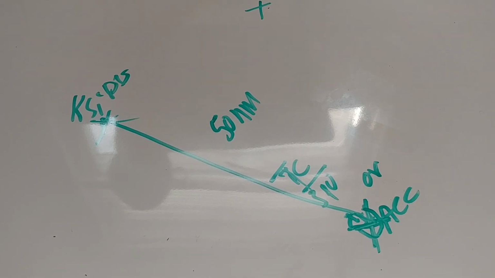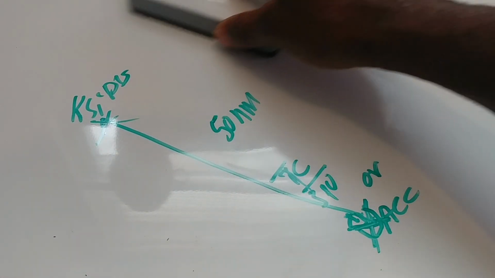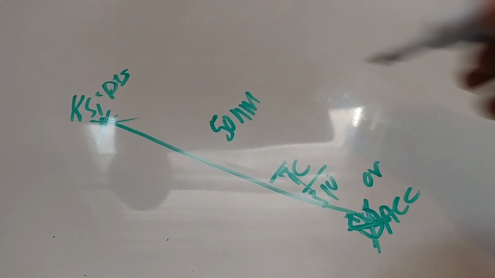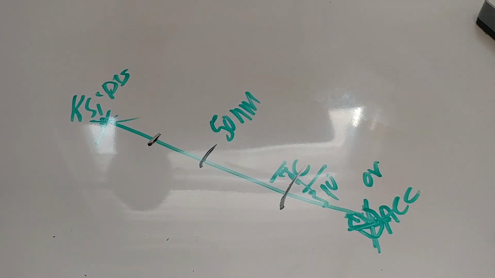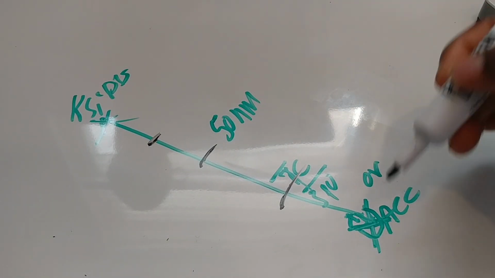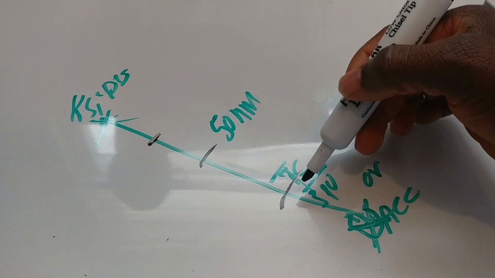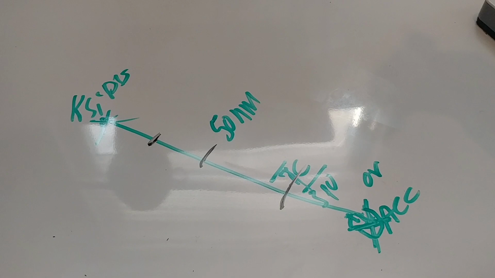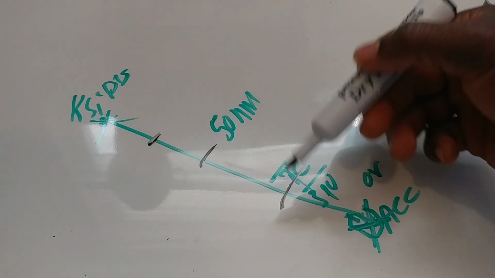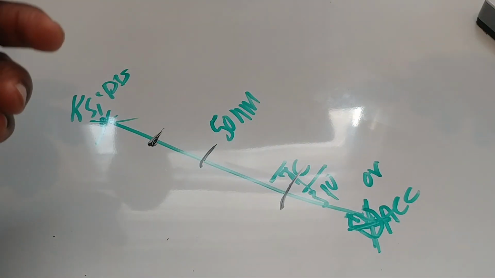Based on this, we already have the information. I was saying yesterday that we can pick some reference points on our way so that it's going to make things easy for us. We're going to calculate the time it's going to take us to reach each point, and on top of that, the amount of fuel it's going to take to reach each point. You see what I'm saying?